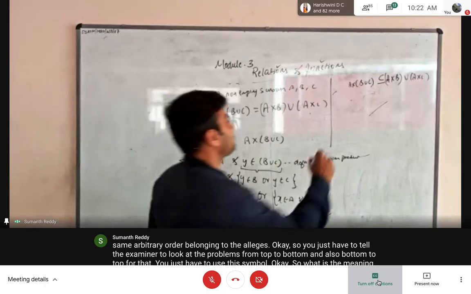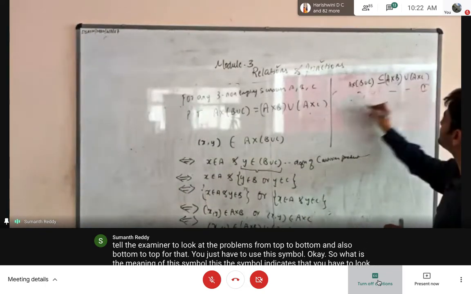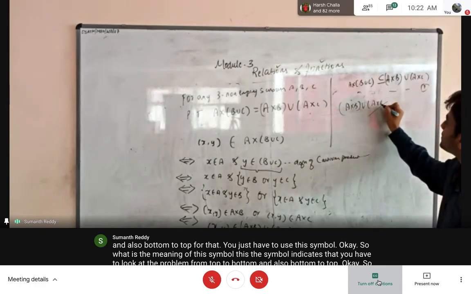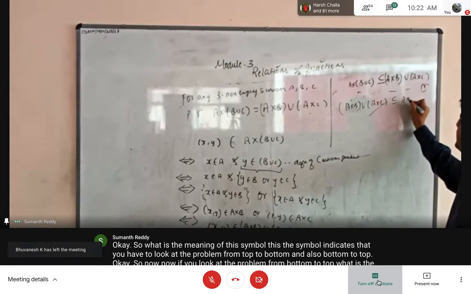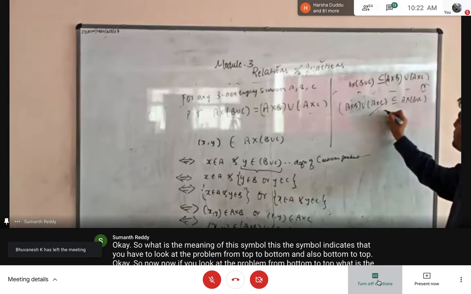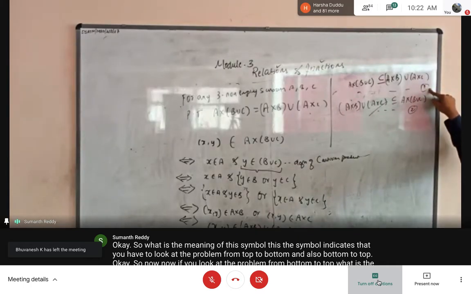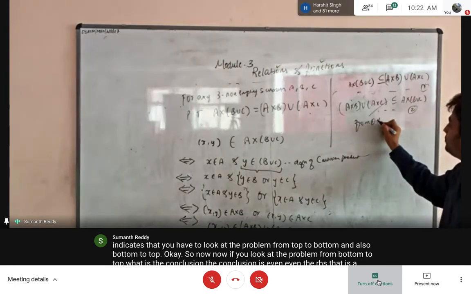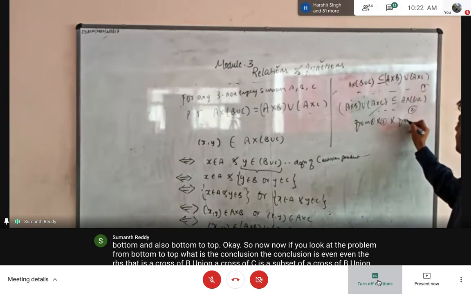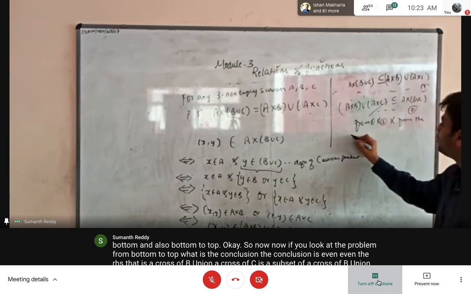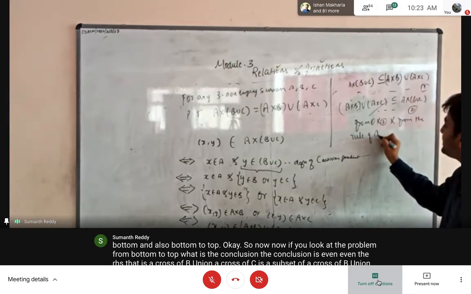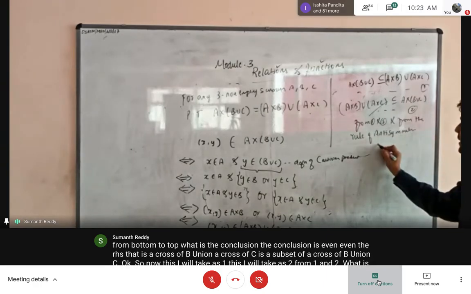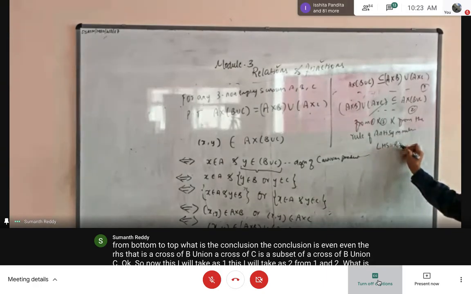The RHS, that is A cross of B union A cross of C, is a subset of A cross of B union C. Now this I will take as 1, this I will take as 2. From 1 and 2, and from the rule of anti-symmetry, we can conclude that LHS is equal to RHS.